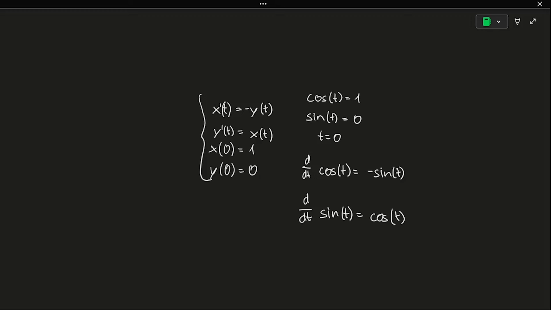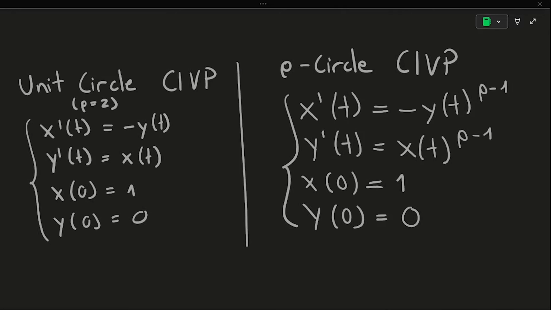Can we write it in a way such that it applies to any p-circle? In fact, we can. Let's see how this is done. If you look up the CIVP for any p-circle in the book, it will suggest this here. And you will see that we have kind of here an extra exponent of p minus 1 here.